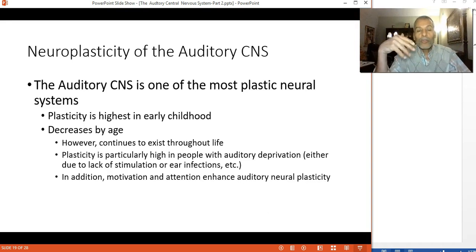If you aren't an auditory learner at this point and you start to have the experience and you listen more and more and more, you build that and you become an auditory learner. If you stop using the auditory system as frequently, then you decrease the activity of it.